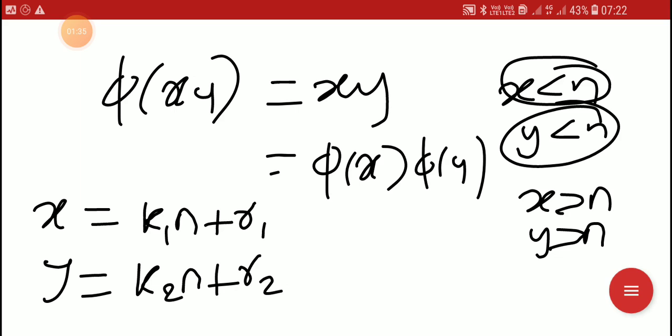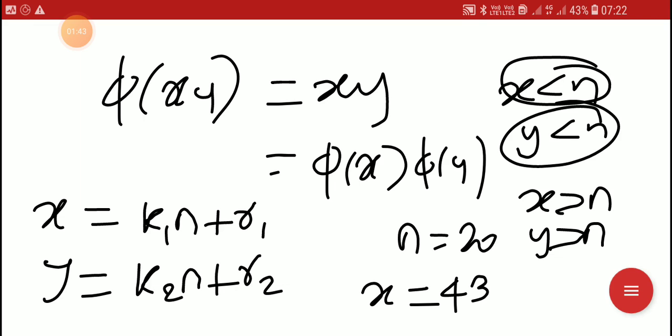For example, n is 20 and x we selected as 43. Then x can be written as 2 into n, that is 20, plus 3, where 3 is the remainder when 43 is divided by 20.